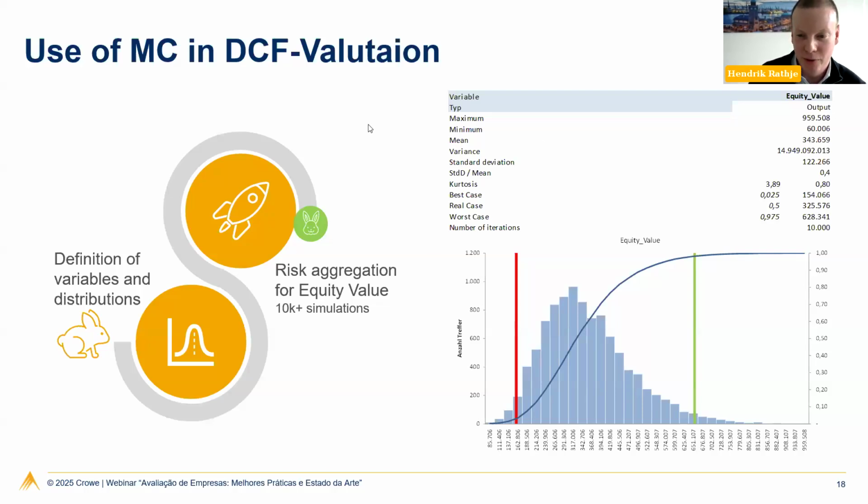But what you can also do, and that is very interesting, is use the values that you generate from the Monte Carlo simulation to generate a discount factor that is specific to your company if it is private. So you don't need a peer group anymore. You don't need to look at Damodaran and see what risk factors he has calculated. You can do it based on the risks that you have defined, that you know normally, and generate a discount factor for your company. And that is something that is also very helpful in Monte Carlo simulation. So far, the overview.